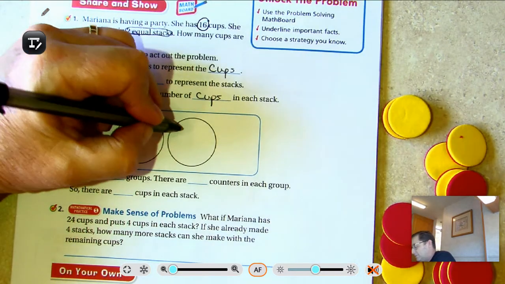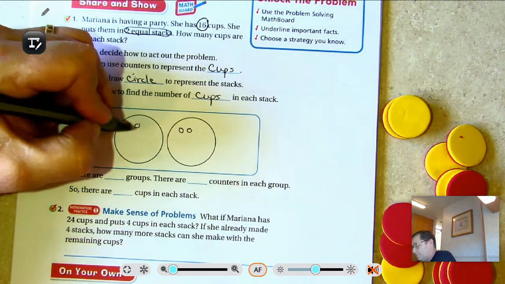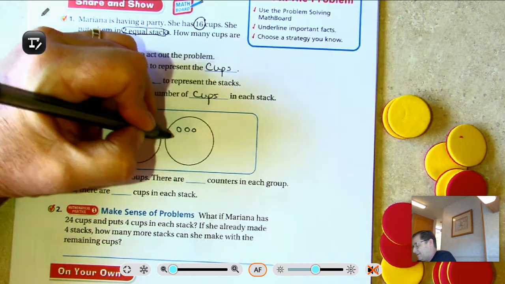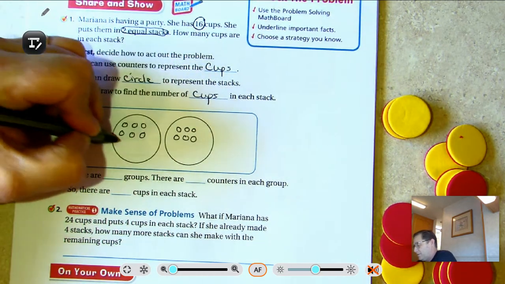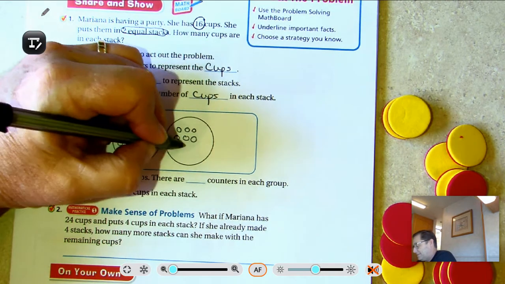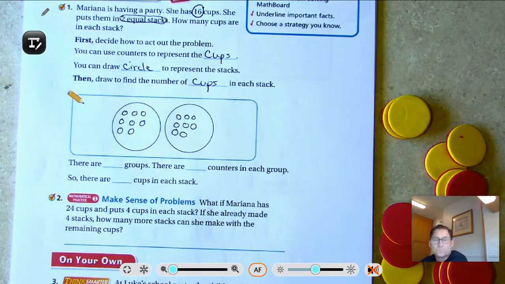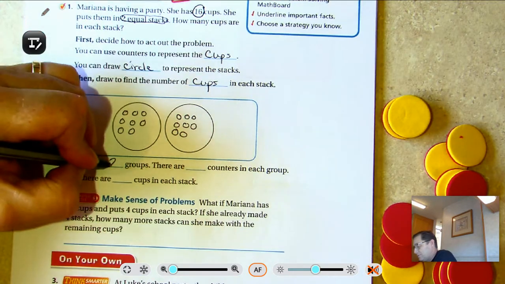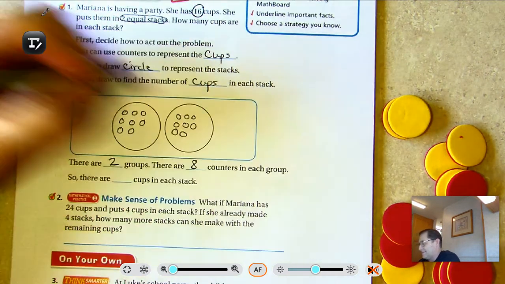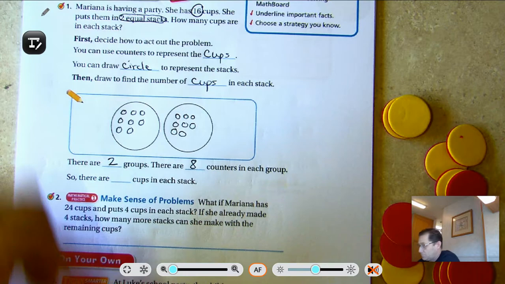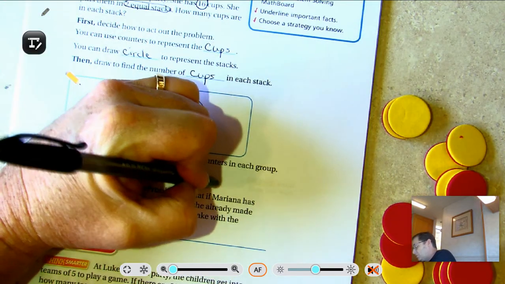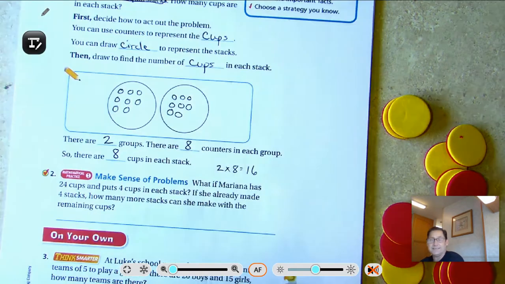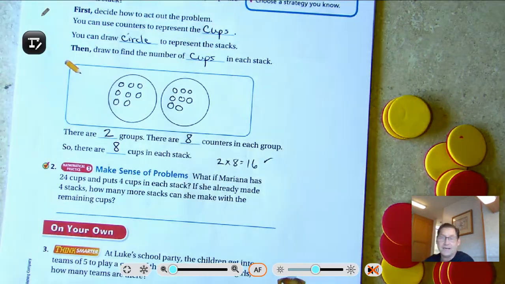So 1, 2, 3, 4, 5, 6, 7, 8, 9, 10, 11, 12, 13, 14, 15, 16. So there are 2 groups, 2 stacks, and I see 8 counters in each group. So there's 8 cups in each stack. 2 groups times 8 equals 16. So that checks.